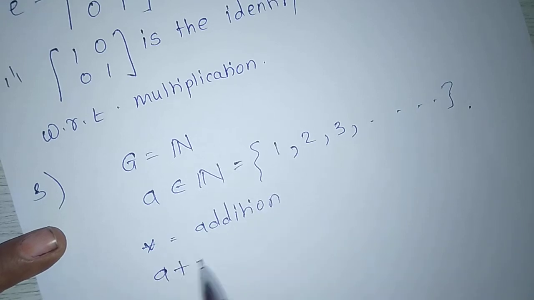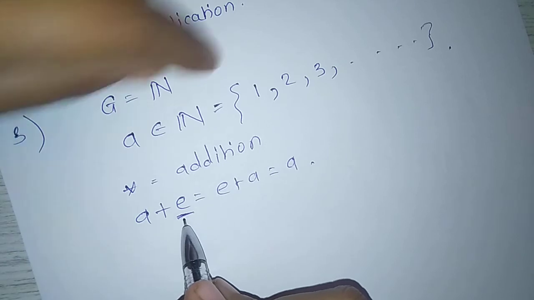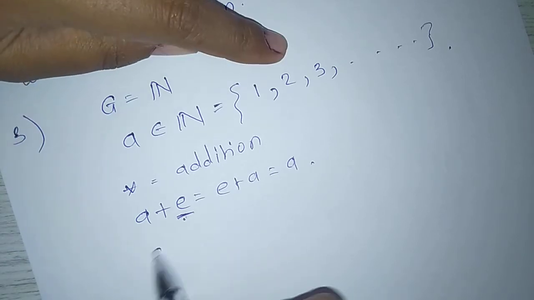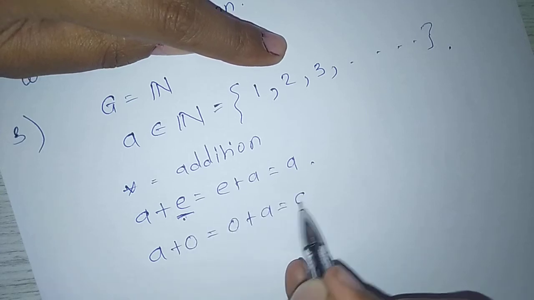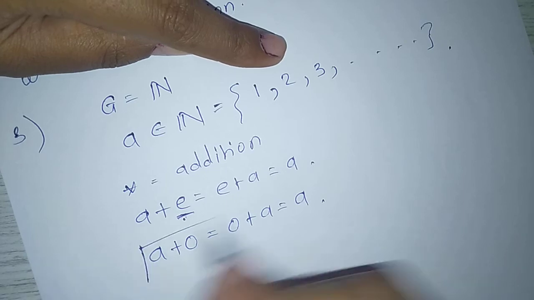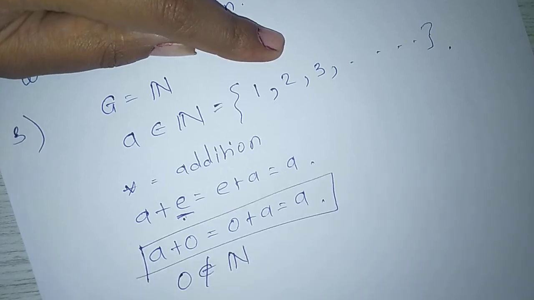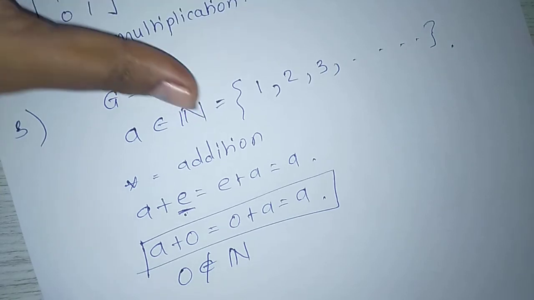Then a plus E equal to E plus a equal to a would make E the identity. But 0 does not belong to natural numbers. If 0 belonged to natural numbers, then a plus 0 equal to 0 plus a equal to a. But since 0 does not belong, natural numbers do not have an additive identity.